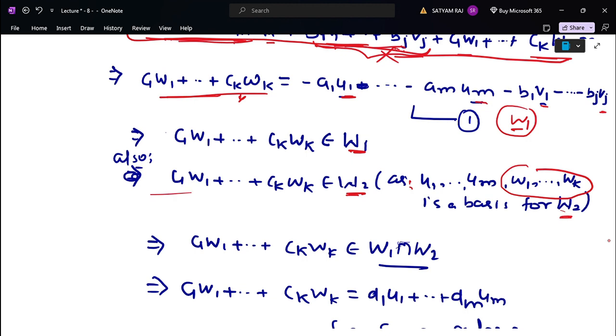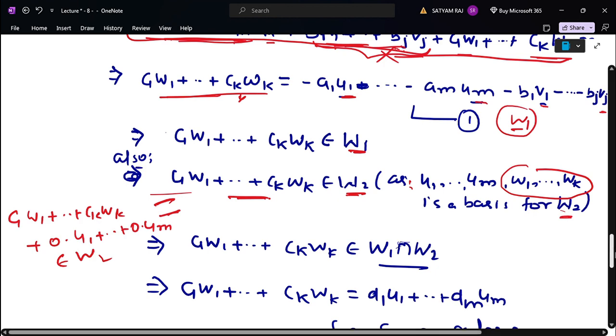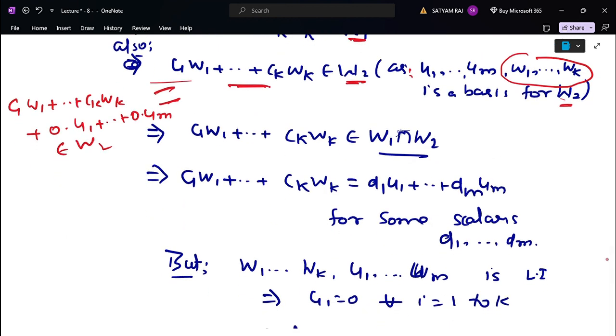Okay, we can take c1 w1 plus dot ck wk plus 0 into u1 plus 0 into um equal to this vector, and this is in W2, so it will also be in W2. Okay, so it is both in W1 and W2. It means it will be in the intersection.